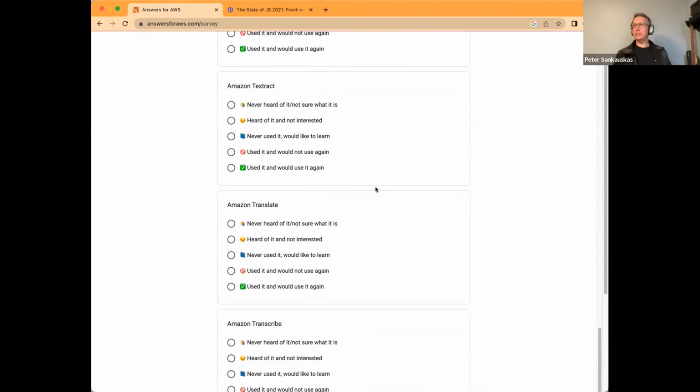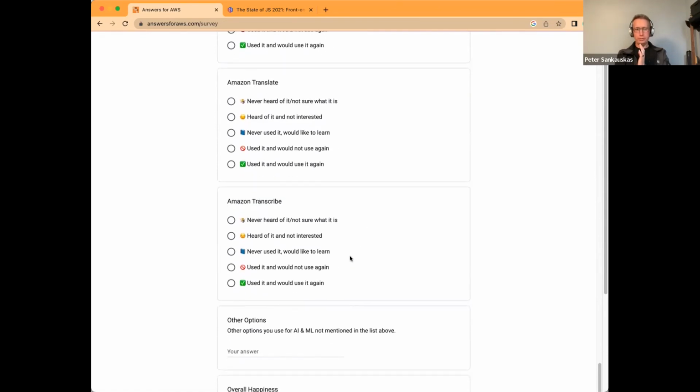My favorite workshop at re:Invent last year, we used the Chime SDK to build a web conferencing app. We used Transcribe to take the voice that I was talking and transcribe that into text. And then we used Translate so that the person I was talking to could speak Spanish and I could see the English translation, and I could speak English and they would see the Spanish translation.